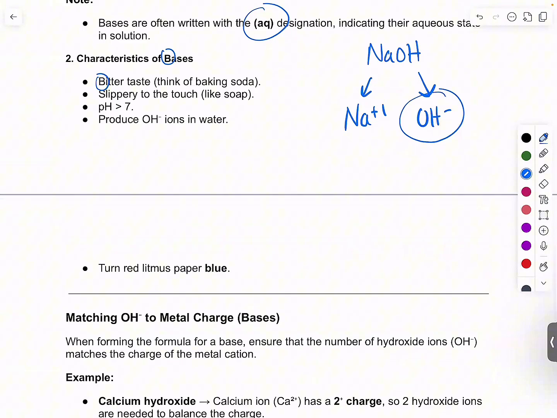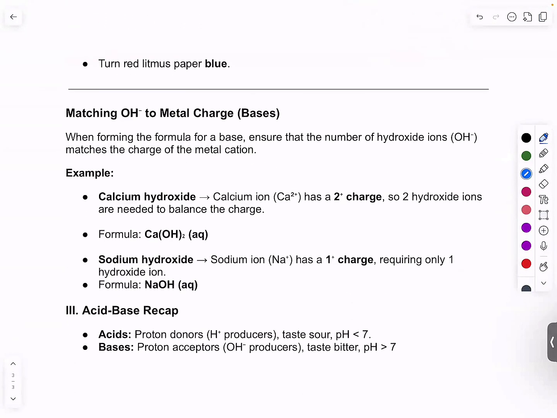And we're going to turn litmus paper blue, like a purple blue, instead of red as with the acids. And when you're actually putting together the base formula, you need to make sure that you have enough hydroxides this time to balance out your metal, depending on what group your metal's in. So I threw out calcium as an example.